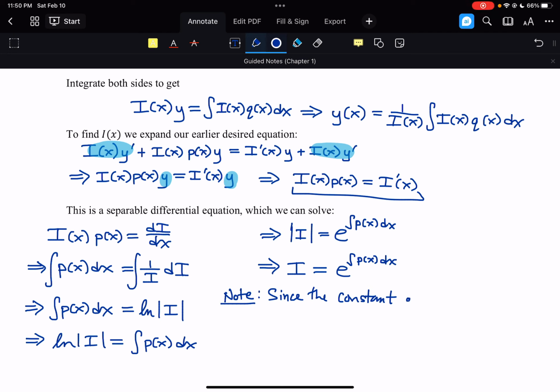Since the constant of integration is arbitrary, we can choose its value.